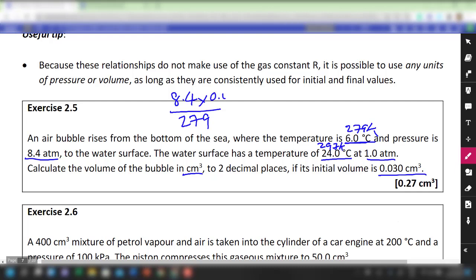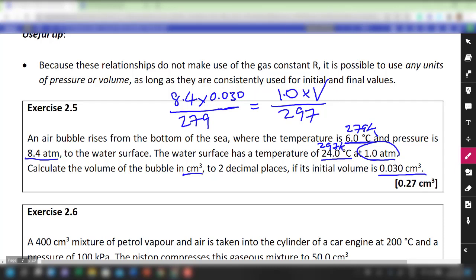I'm just going to write this out. And then at the surface, temperature is 297 Kelvin, pressure is 1 atmosphere, it's given over here 1.0. The volume I don't know. So one equation, one unknown, so we can easily do that.